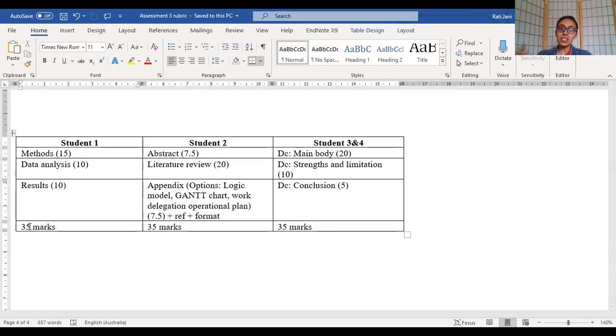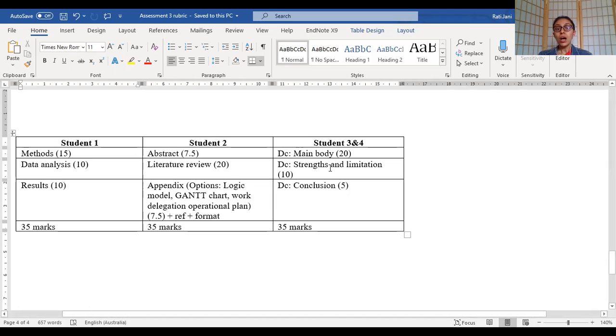This is how the marks are divided, because even though it's group work, you all get your individual marks depending upon the quality of your writing and the scientific content. For instance, methods, data analysis and results are written by student 1 and student 2, along with the abstract, literature review, and all of the appendix and the associated marks.